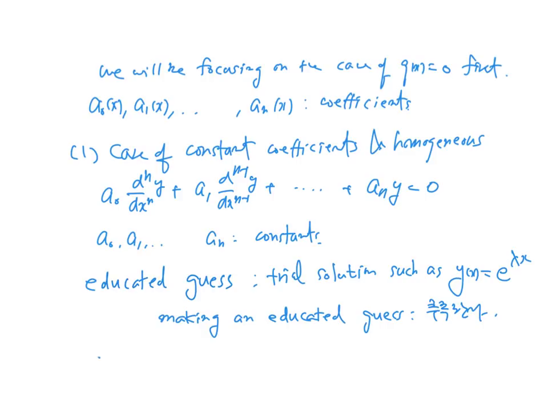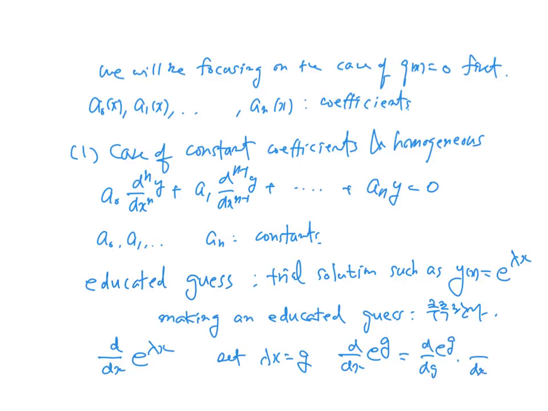And what is the derivative of exponential lambda x? We can use the chain rule, right? So set lambda x as g, then d/dx of exponential g is d(exp g)/dg times dg/dx, right?